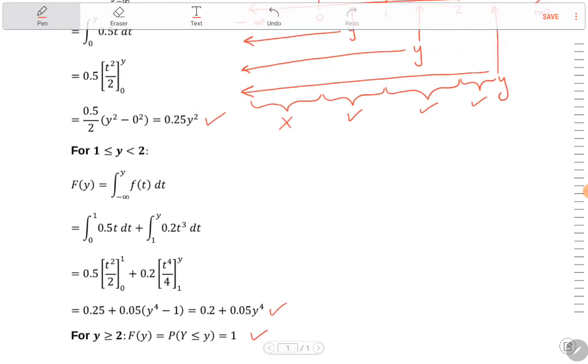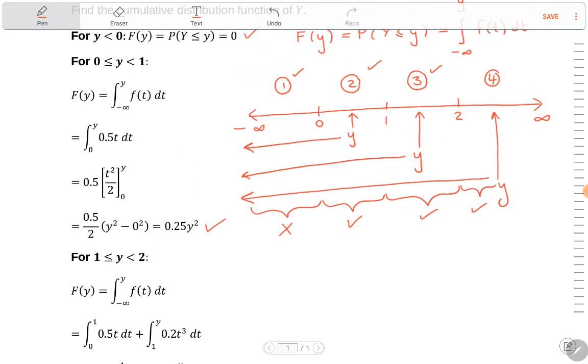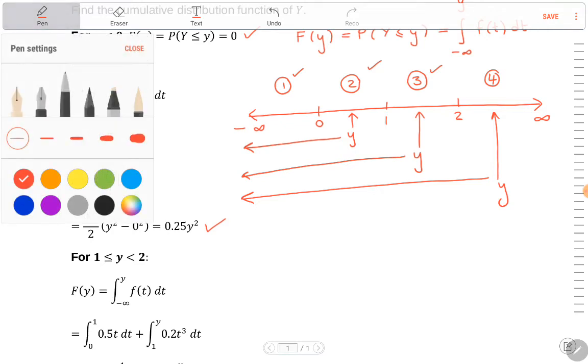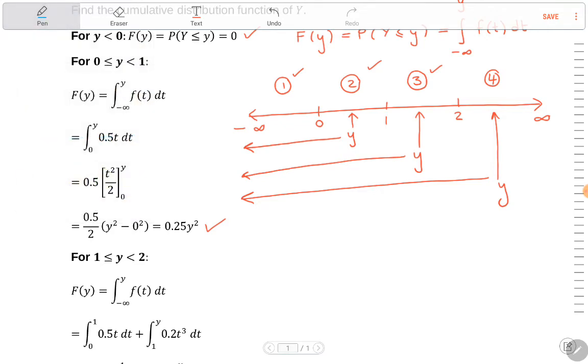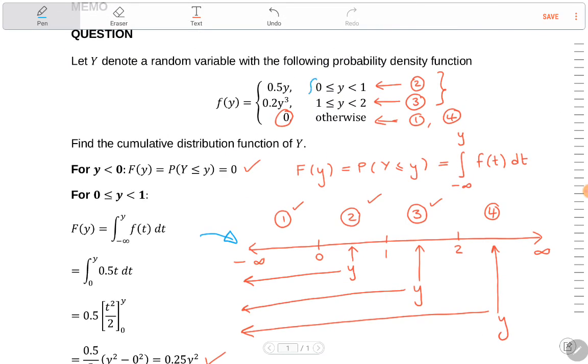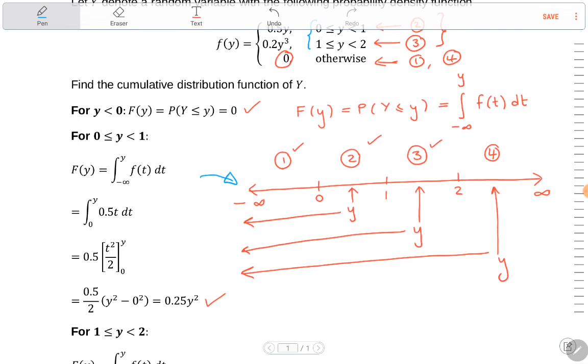So that's really what I wanted to emphasize. Whenever you derive a CDF, this is the general process. You make sure you divide your number line like I did here, according to the intervals that you're given. And then you consider y in every single region. Okay? And then from here, you need to take all the integrals to the left.